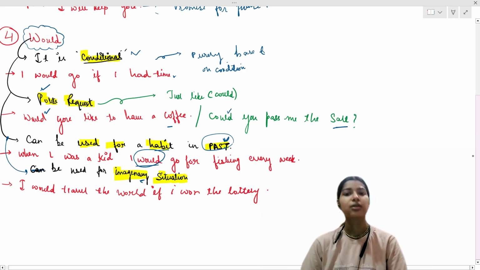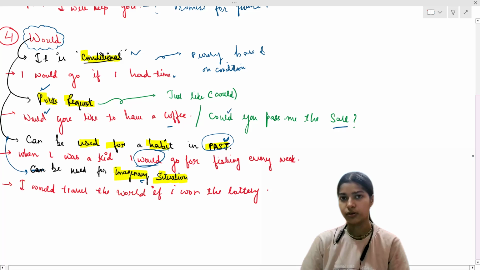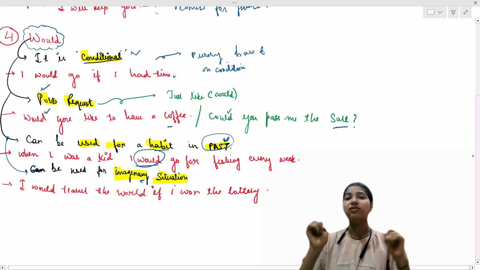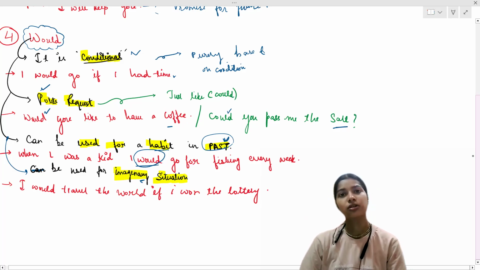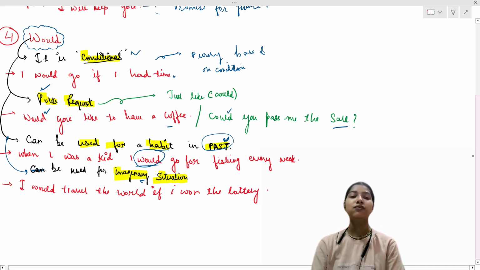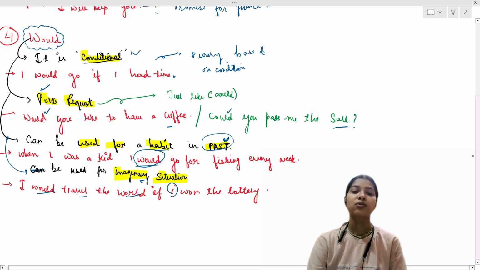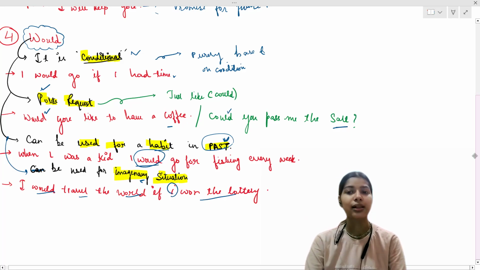There is some chance. I can win the lottery. I cannot win the lottery. If in case I win the lottery, what I will do, I'm imagining that thing, right? So that is an imaginary situation for me that I would travel the world. I would travel the world if I won the lottery. It's purely a conditional and imaginary situation, right? Okay.